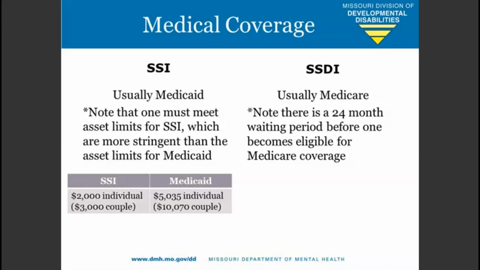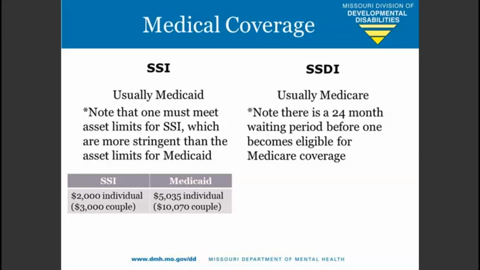Right now, the current asset limit for Missouri Medicaid, or MO HealthNet, is $5,035 per individual or $10,070 per couple. That amount could possibly change every year in July. July is the time when they look at that and make changes. So note that. SSI, on the other hand, has an asset limit of $2,000 per individual or $3,000 per couple.